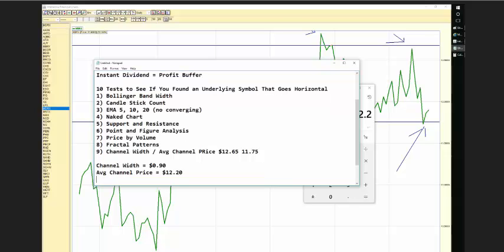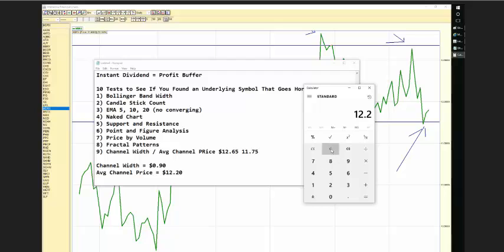All right. So now you're going to take the ratio. So channel width divided by average channel price. 90 cents divided by 1220. And this is a percentage. So 7.3%. If it's below 5%, I don't touch it with a 10-foot pole.